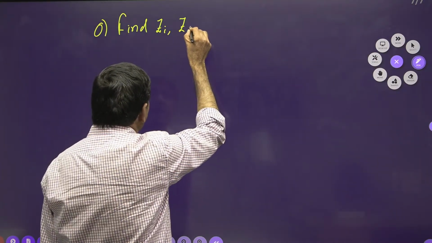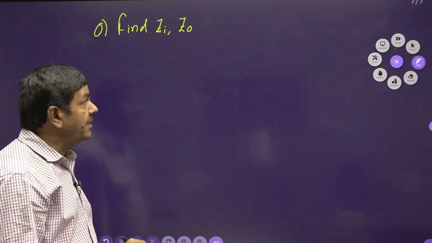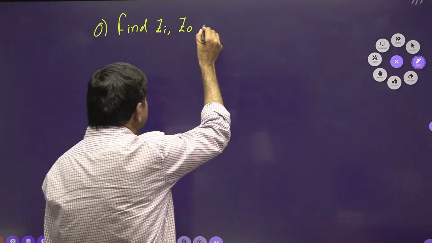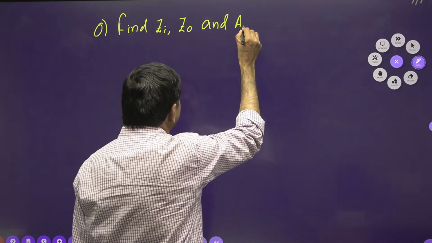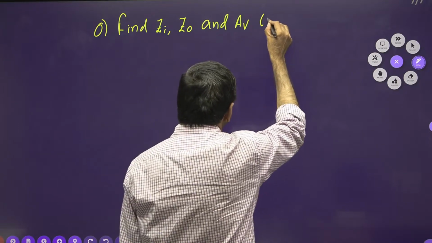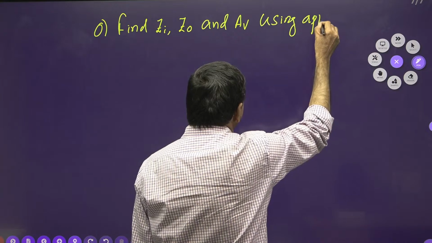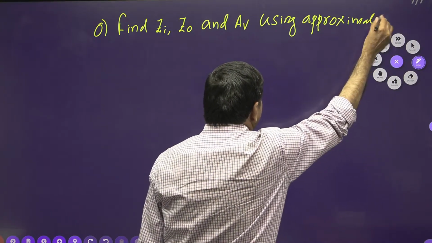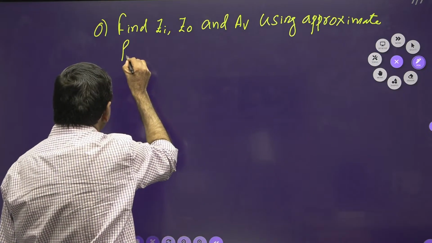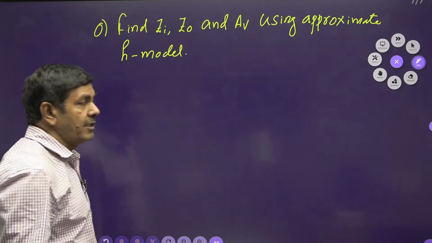Also the output admittance and output impedance are required. And I also want the voltage gain, AV, by using the approximate H model.